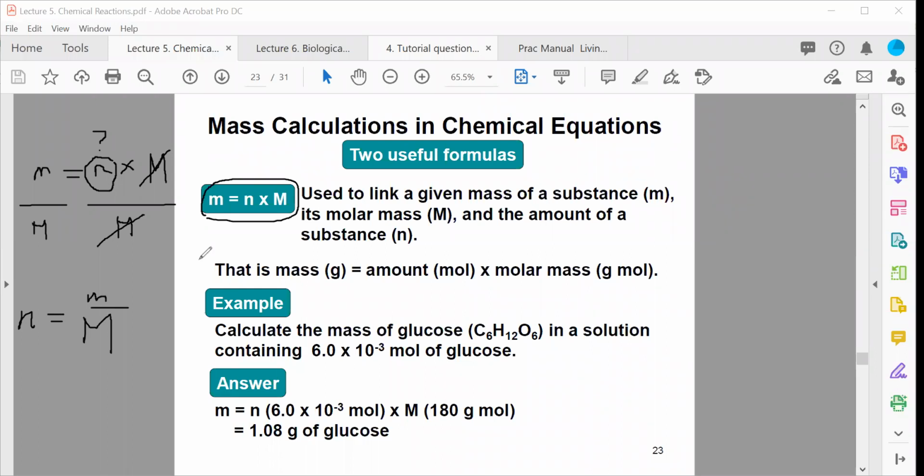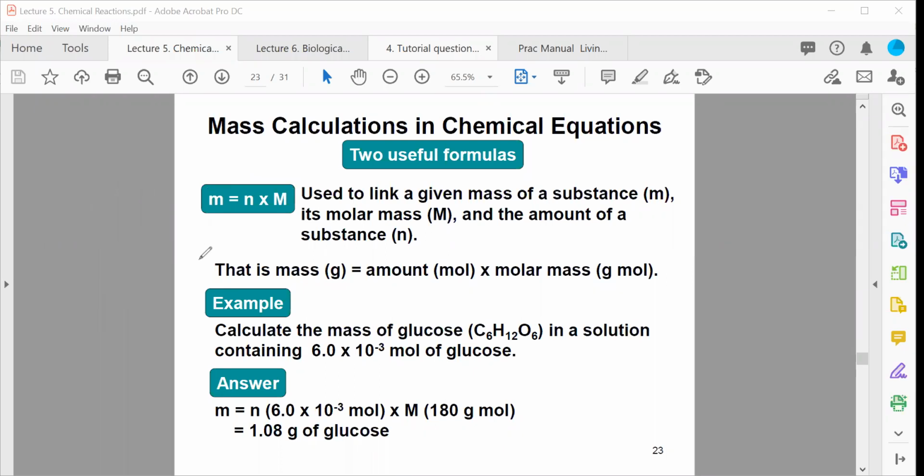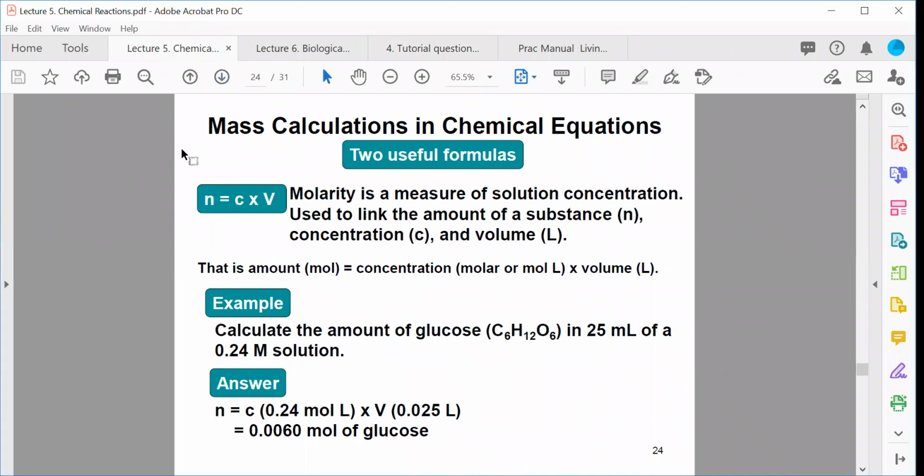Excellent. Let me clear that and get rid of that. All right, our second very, very useful formula. And this one is N equals CV. I call this the molarity formula.